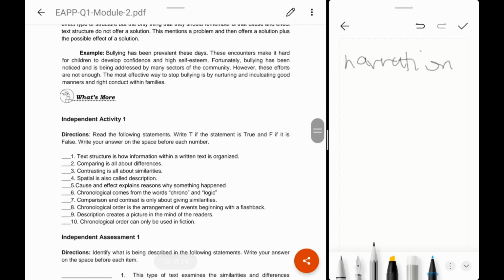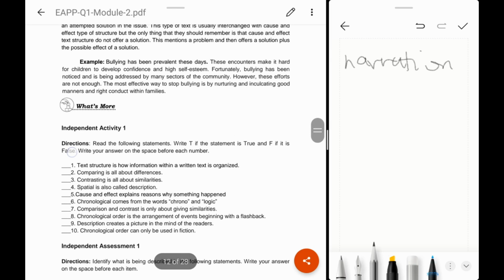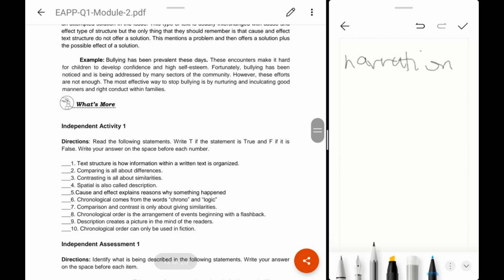Fortunately, bullying has been noticed and is being addressed by many sectors of the community. Okay? So, yung bullying daw, buti naman daw kahit paano, napapansin na siya ng bayan at ina-address na siya ng iba't ibang sektor ng lipunan. However, these efforts are not enough. Hindi daw yun sapat. Nabibigyan na siya ng solusyon ng iba't ibang sektor natin.